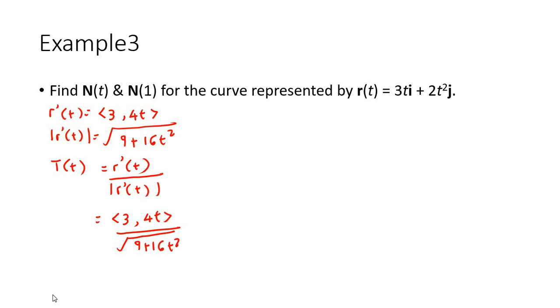If you want T(1), substitute t by 1, so 3i plus 4j. When t is 1, we have the square root of 25, which is 5.